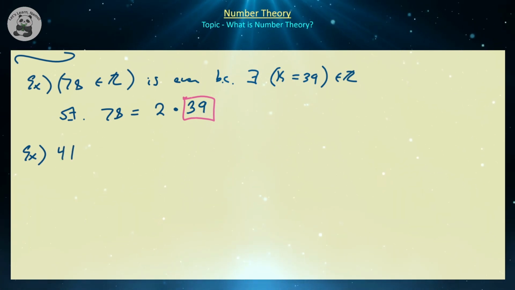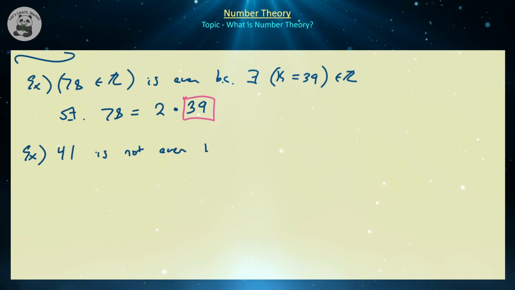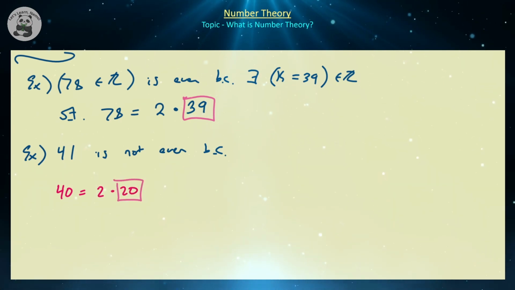So how can we prove that another number, for example, an odd number, is indeed odd? So 41 is not even and hence odd because why? If we look at the consecutive integers that surround 41, in particular 40 is an even number because it's equal to 2 times 20, so 20 is the number that can be represented as the product of 2 and that number to represent 40.